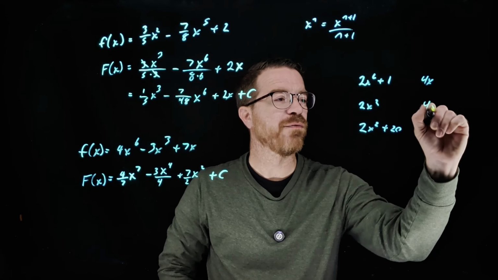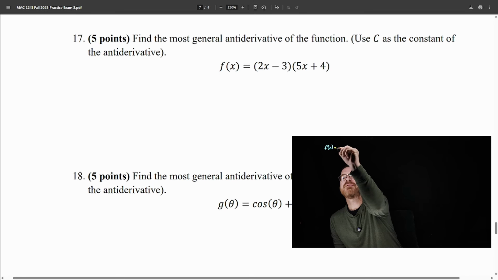If I took the derivative of the third one, I would get 4x. So in this case, we have some constant value that, based on this example, could be 1, could be 0, could be 20. We don't know what it is, but there is some constant value that we add to it, and that is our c.